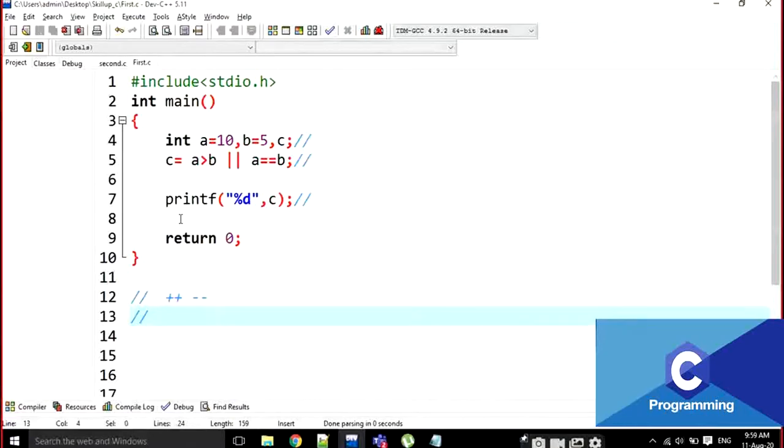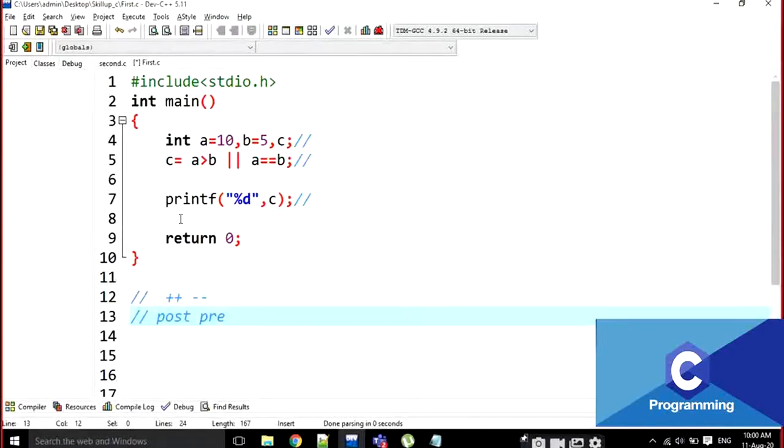Yes, this is the increment operator, that means double plus, and double minus is the decrement operator. Here also there are 2 different types of increment operators and 2 different types of decrement operators. First one is post and the second one is pre: pre-increment operator, post-increment operator, post-decrement operator and pre-decrement operator.